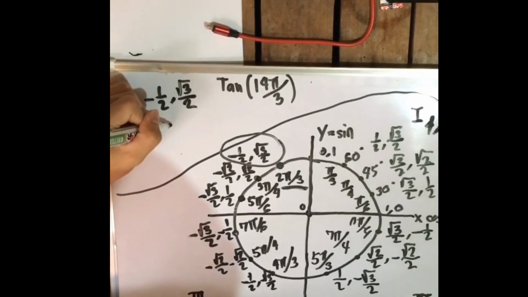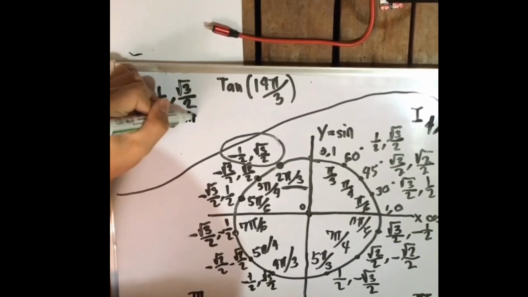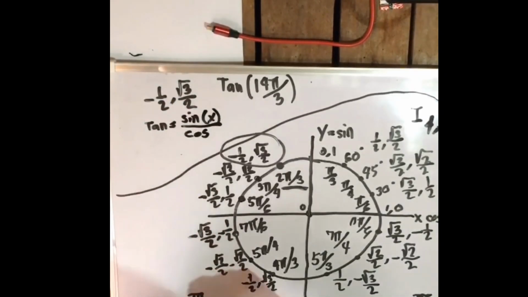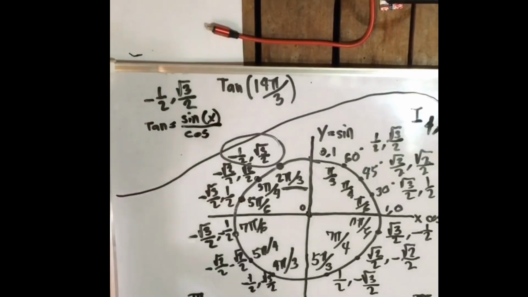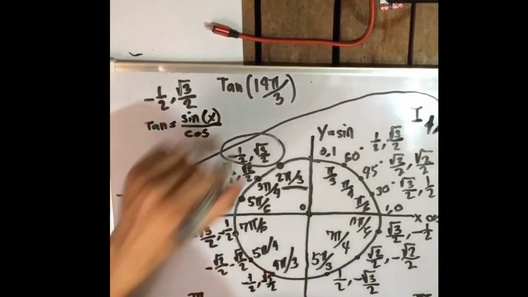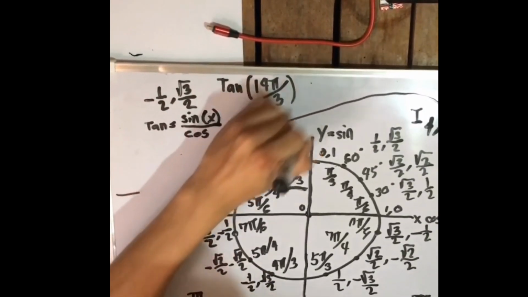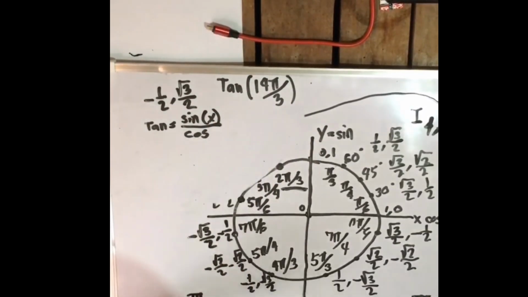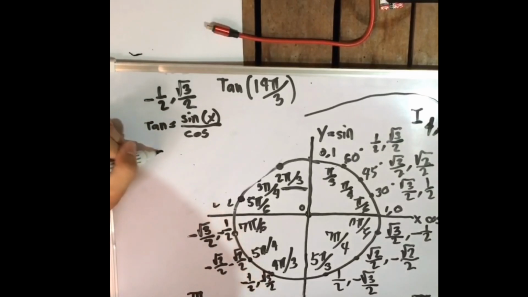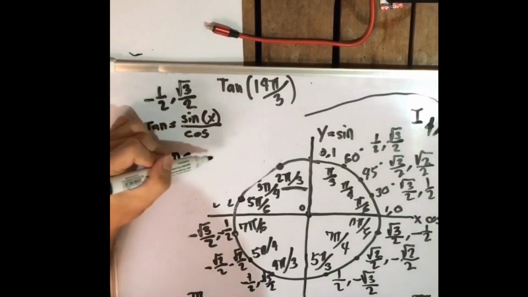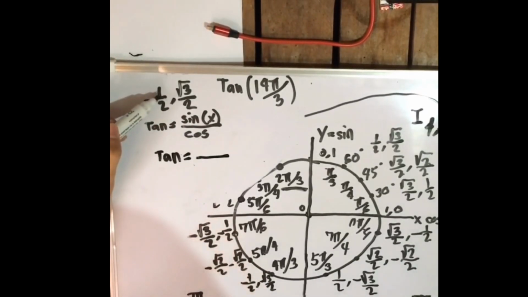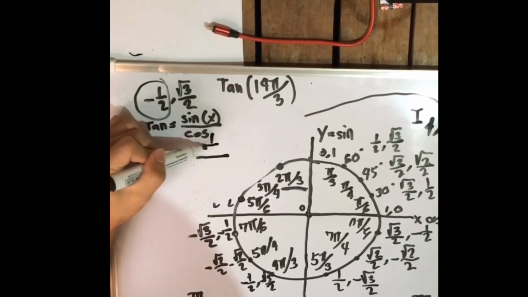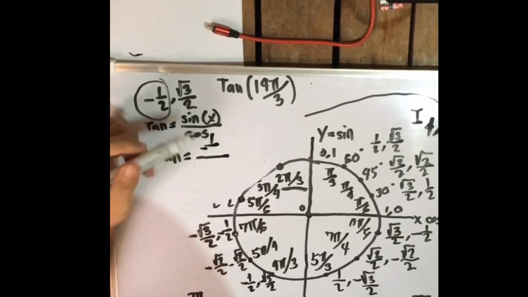Tangent is sine over cosine. So we're gonna put this value.